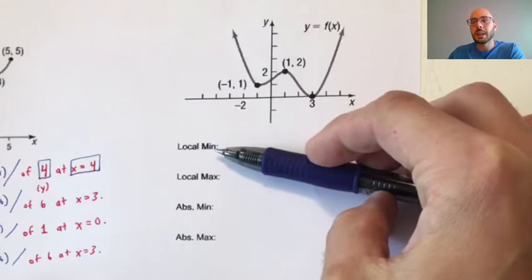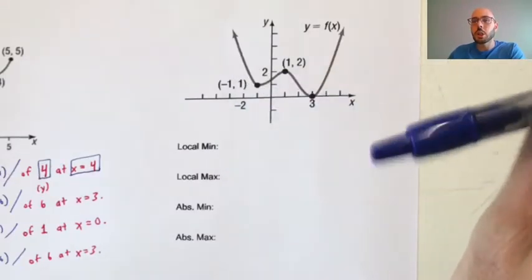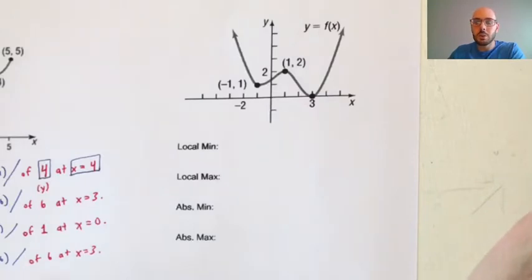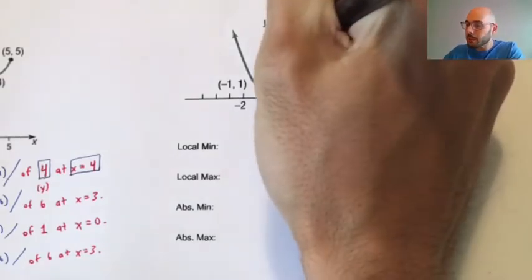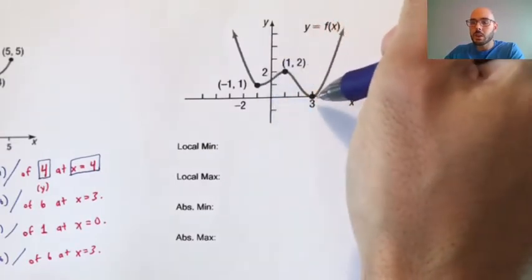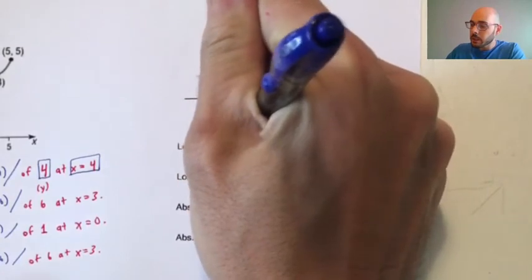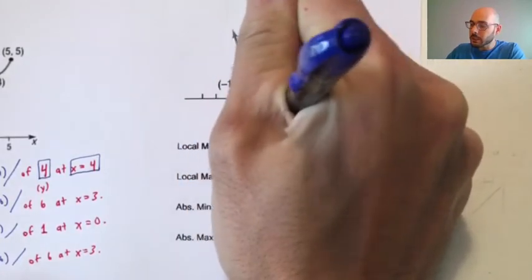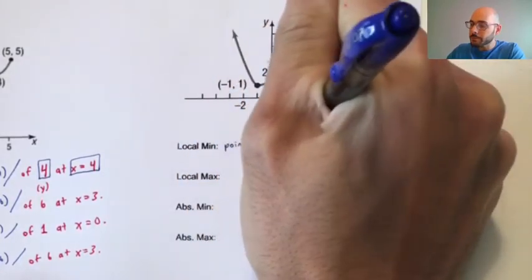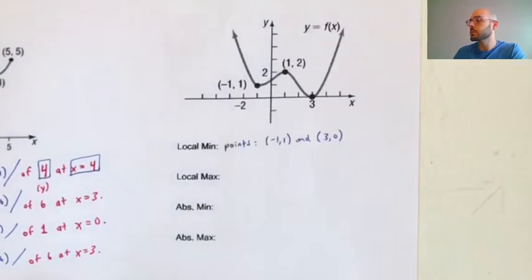So first up, we have local min. So local mins are the humps of the graph, the little low points on the graph. It looks like we have two of them. So we have a local minimum here. That looks like it's the point (-1, 1). There's also a local min here at the point (3, 0). So I'm going to list these as points (-1, 1) and (3, 0).